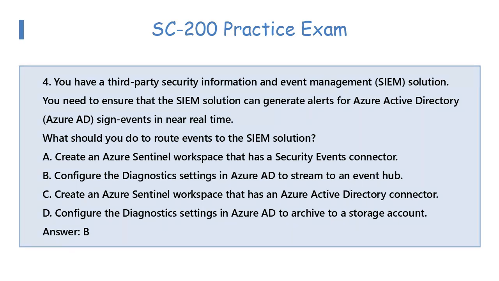B. Configure the diagnostics settings in Azure AD to stream to an event hub. C. Create an Azure Sentinel workspace that has an Azure Active Directory connector. D. Configure the diagnostics settings in Azure AD to archive to a storage account. Answer: B.